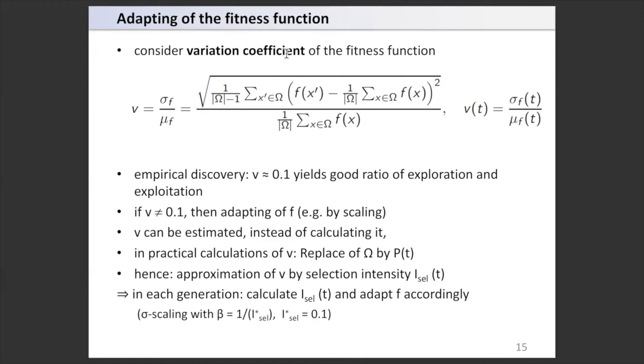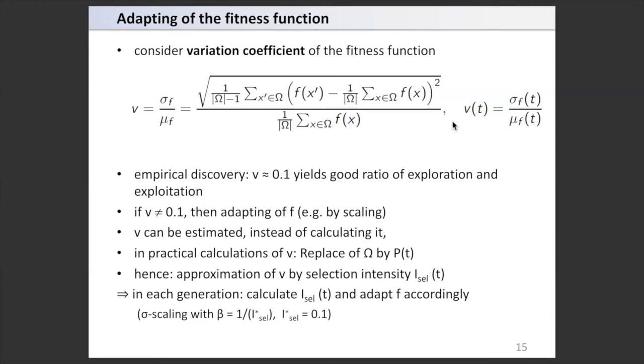Consider the variation coefficient of the fitness function. Consider the whole search space, and there calculate the standard deviation, and also calculate the mean value, and the variation coefficient is the standard deviation divided by the mean value.